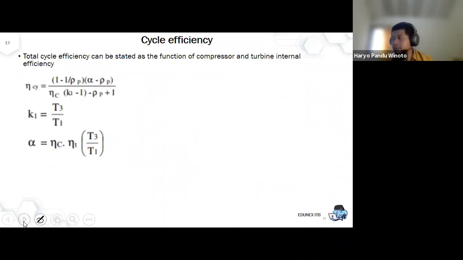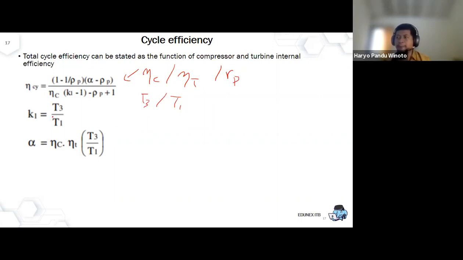Then you can also use this total cycle efficiency. I just copied and pasted this from Professor Harris' book. This approach is quite useful when you only have this one, and this one, and the pressure ratio, and you know T3 and T1.